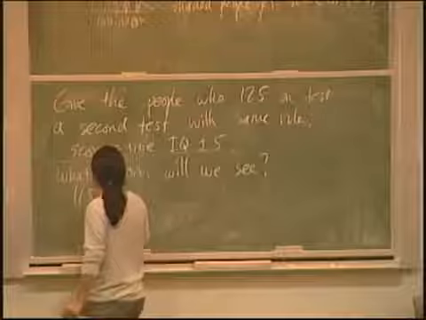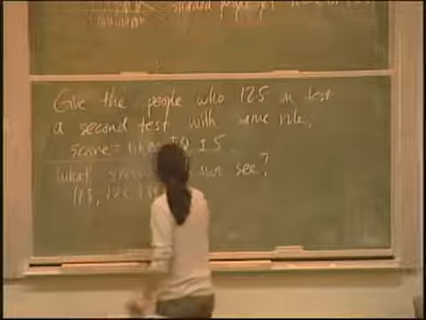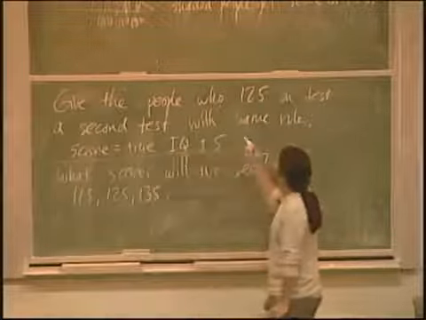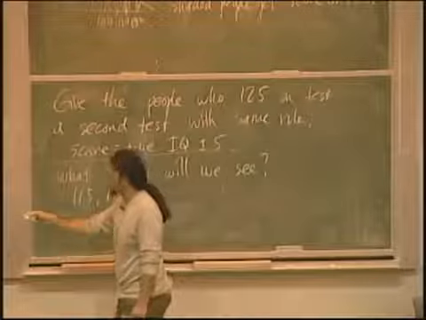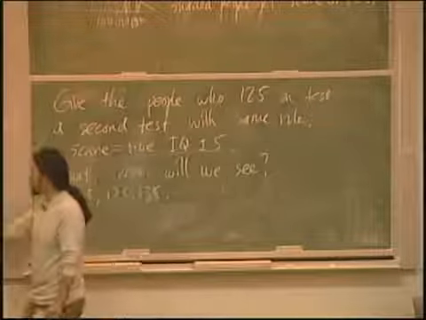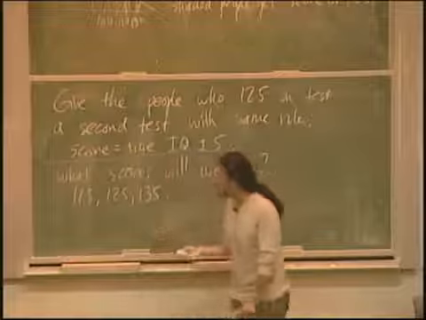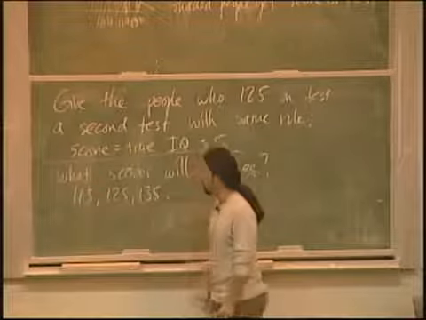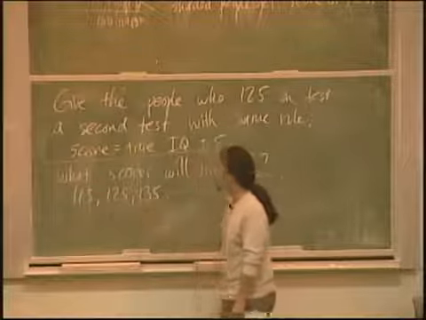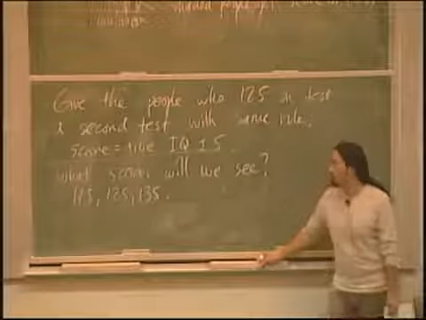Okay. So the people in the room, they all have true IQs of 120 or 130. So when you test the 120s, they either get 115 or 125. When you test the 130s, they either get 125 or 135.